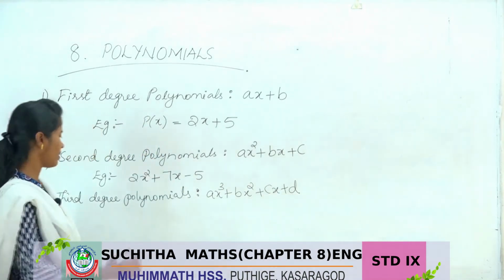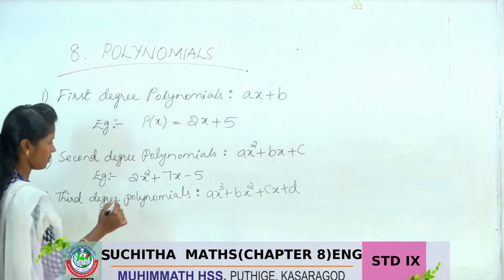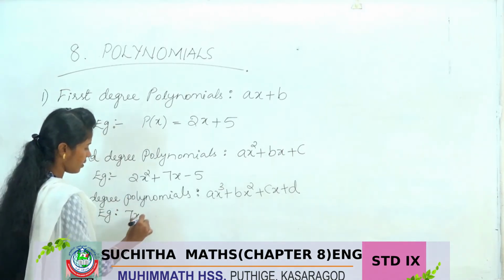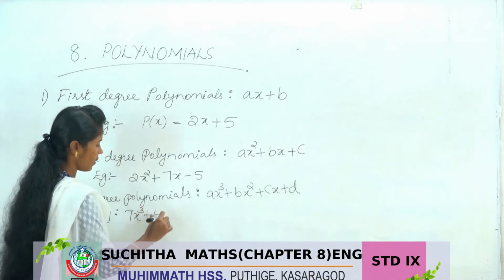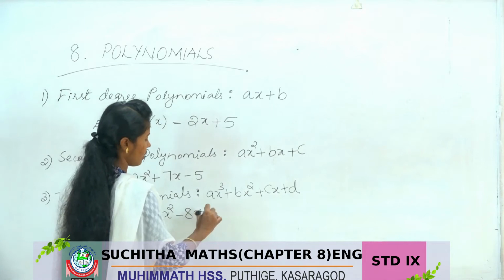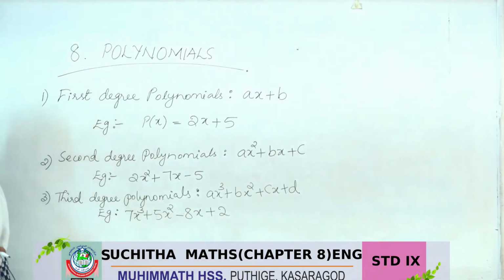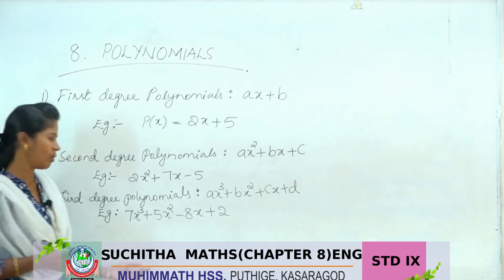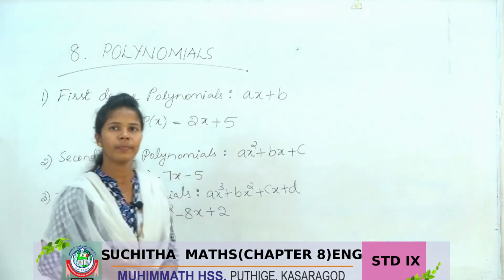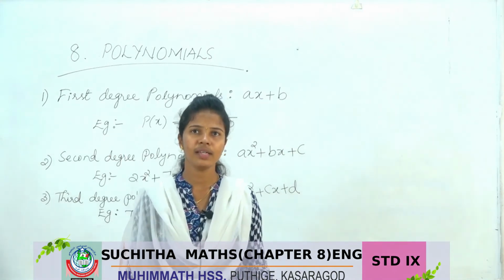For example, 7x cube plus 5x square minus 8x plus 2. It is an example of a third degree polynomial. Okay. So the polynomials with the degree 3 are called third degree polynomials.